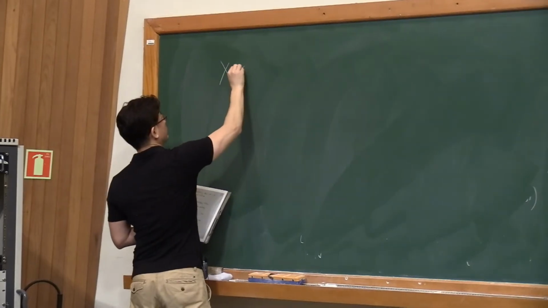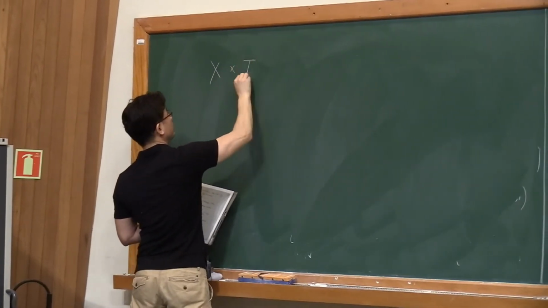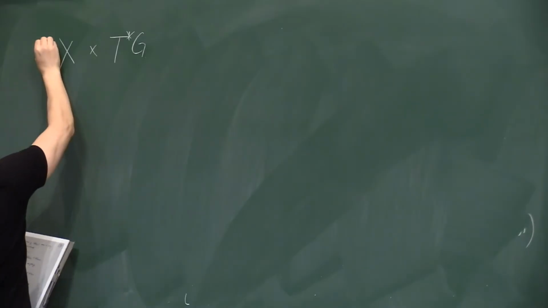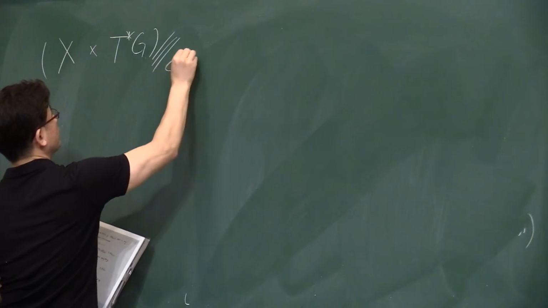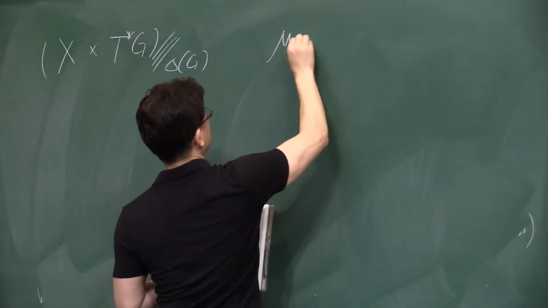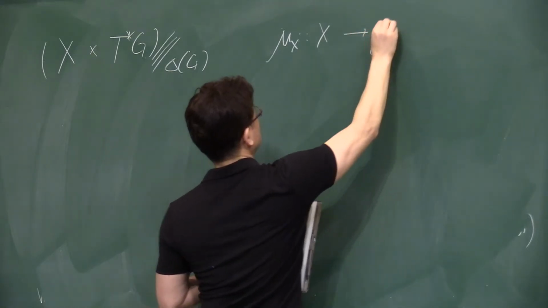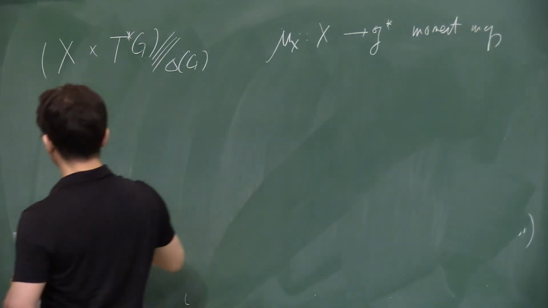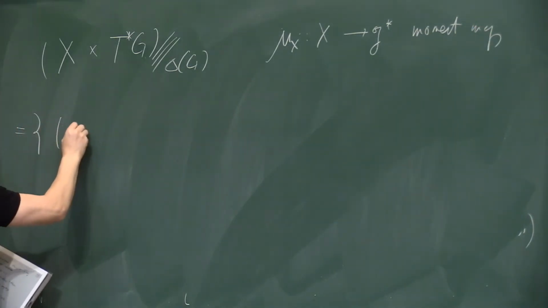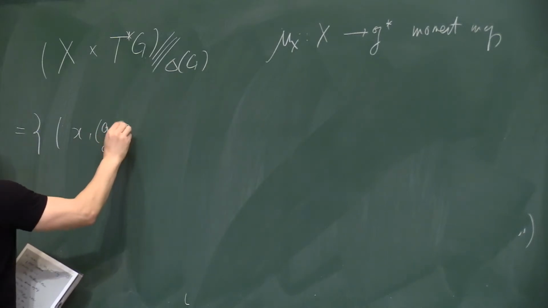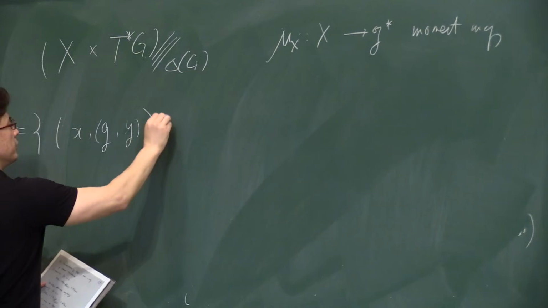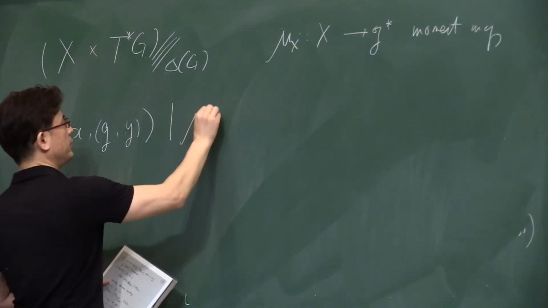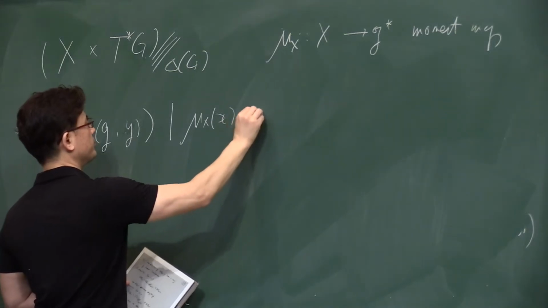Let X be an arbitrary Hamiltonian G-variety and consider symplectic reduction with respect to the diagonal action of G. So X has some moment map. Then the level set is the pair (x, y) such that the image of the moment map of X is the same as y.